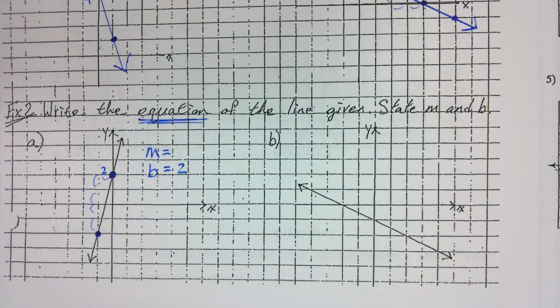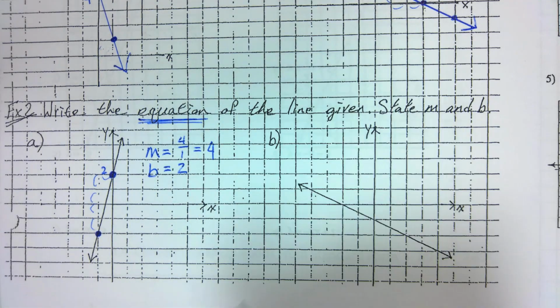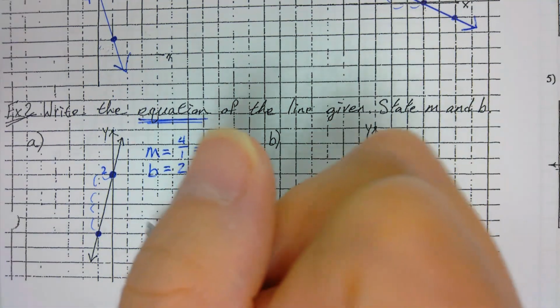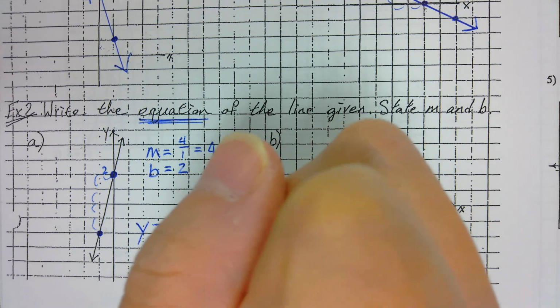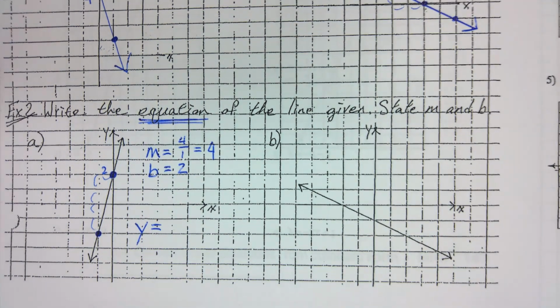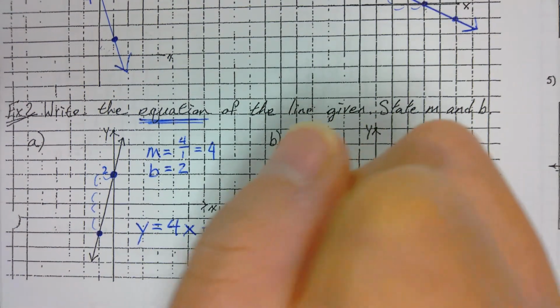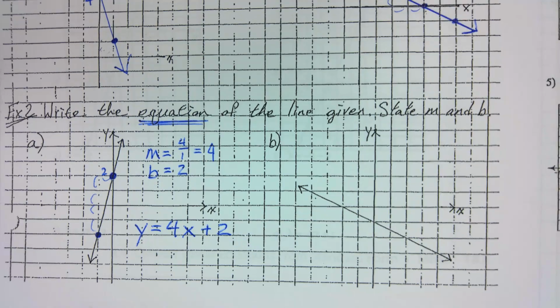What's my run? 4 over 1. Can I simplify this? What's 4 divided by 1? 4. I have my m, I have my b. What's my equation? Y equals? Badar? 4x plus 2. That's it. Good job. You just came up with the equation.